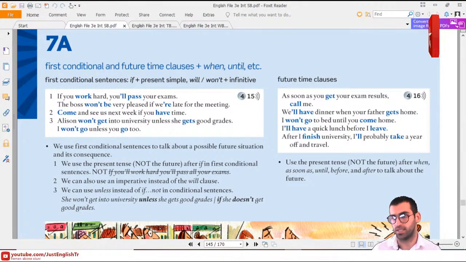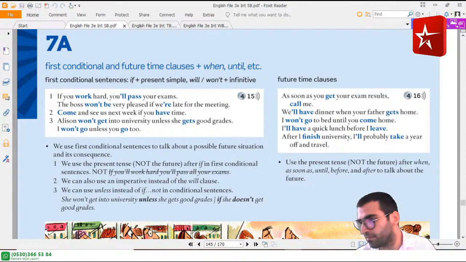In today's lesson, we will be talking about the first type, and future time clauses plus when, until, after, before, and also we can use as soon as. As soon as, until, before, after, when. They are our future time clauses that we can use for first conditional sentences.